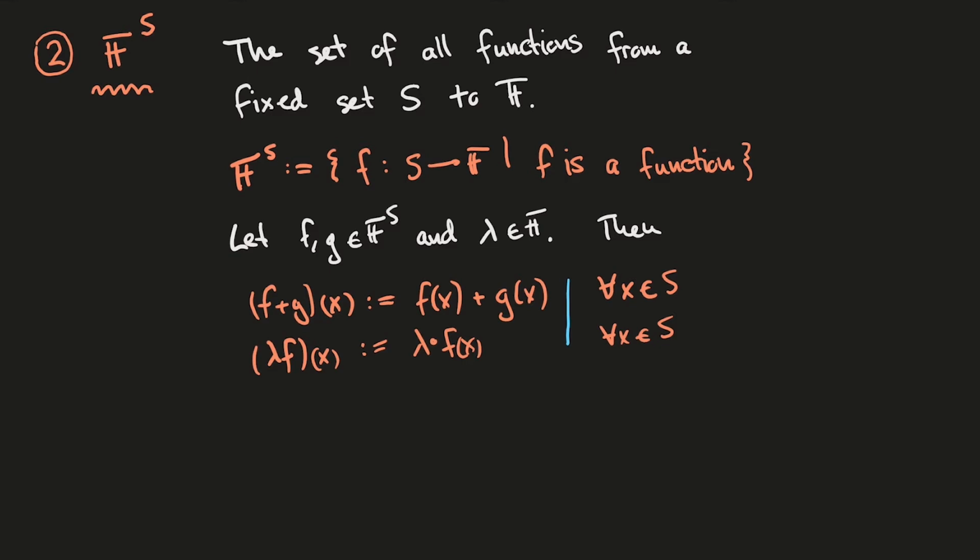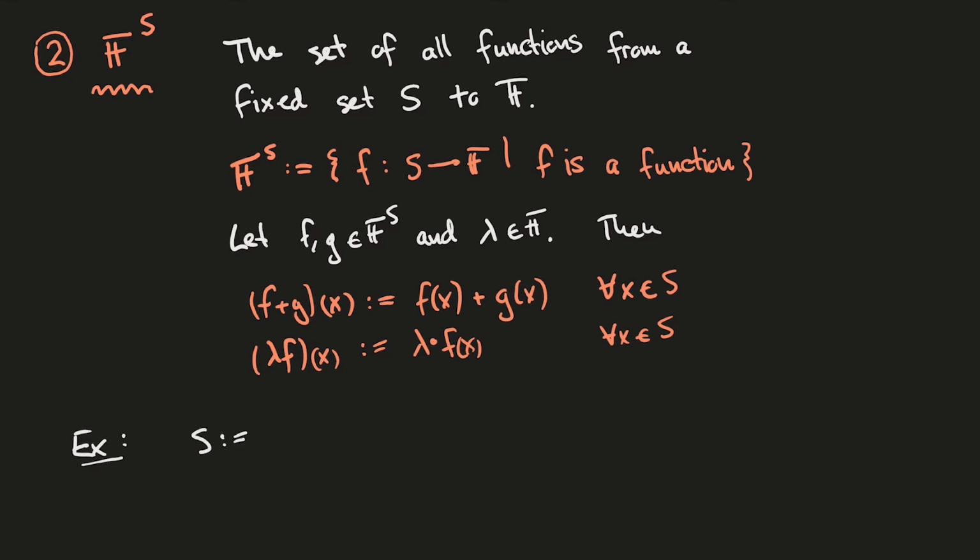And this is in fact a general phenomenon. So if we have functions that map into a set that has some additional structure, we can transfer that additional structure to the functions themselves using analogous methods that we used here for defining the sum and the scalar multiple of functions.